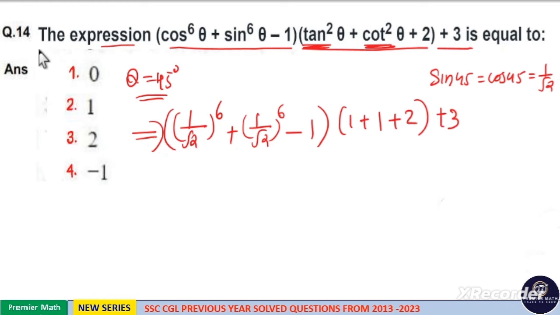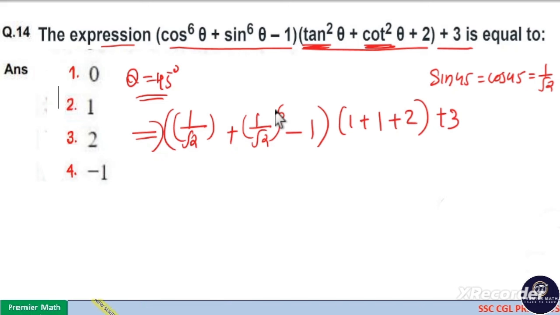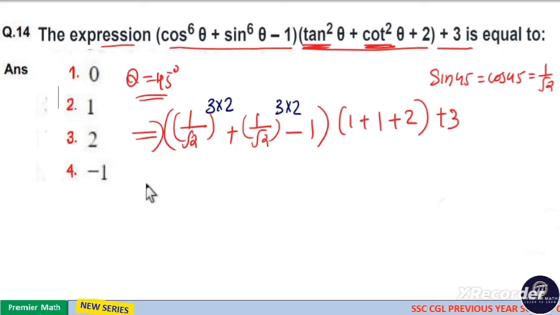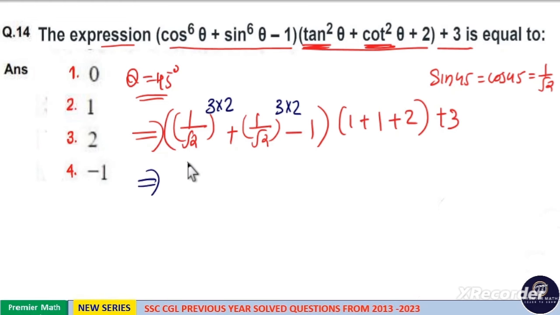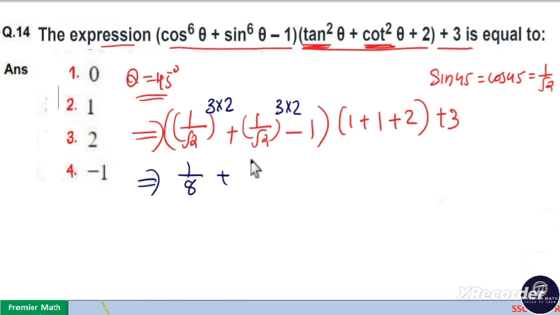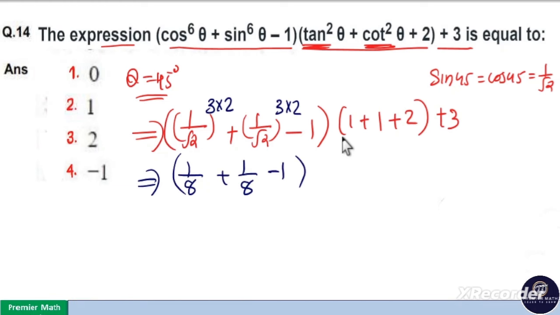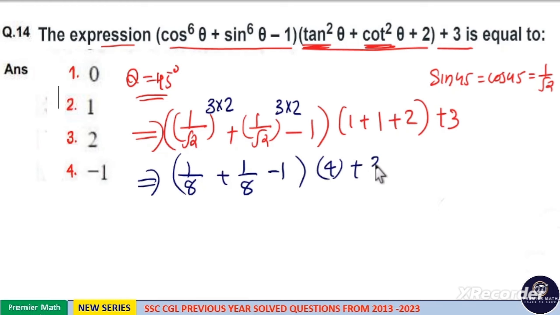So, here I will write this 6 as 3 into 2. Now you can see root 2 square is equal to 2. 2 cube is equal to 8, which means this term will become 1 by 8. This also 1 by 8. Remaining minus 1 into this term become 2 plus 2 is 4. Remaining is plus 3.